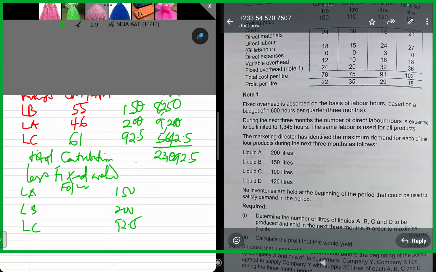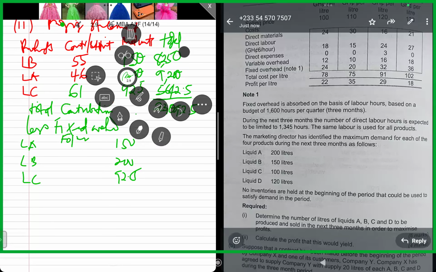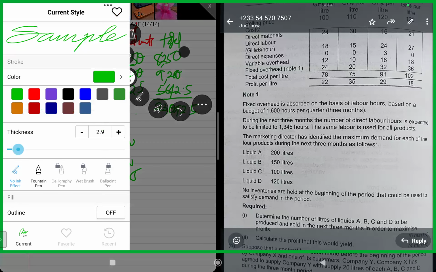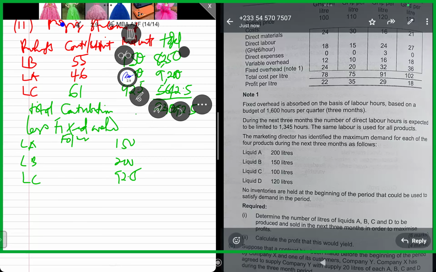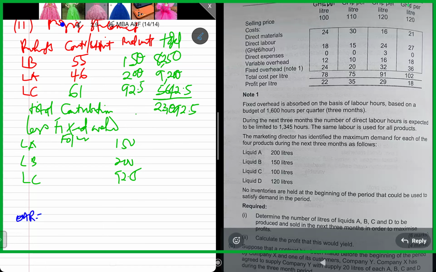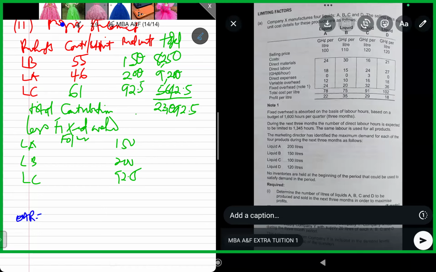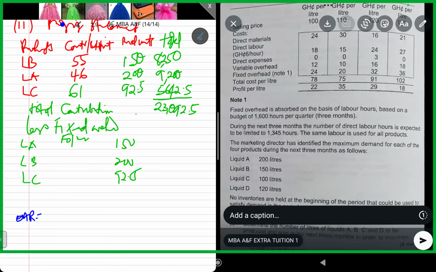Now, to work out quickly, let me use this color. What we'll first have to do is find the OAR. Why? It says the fixed overhead here is absorbed.